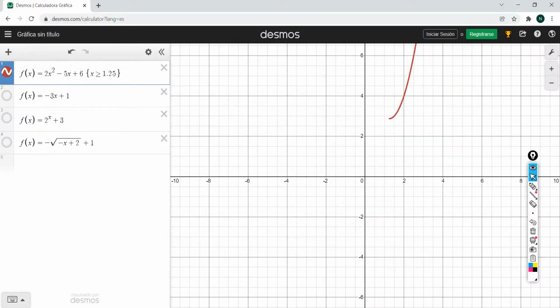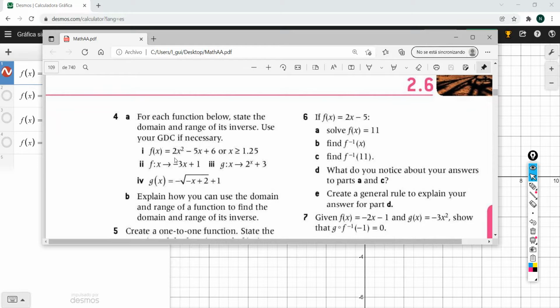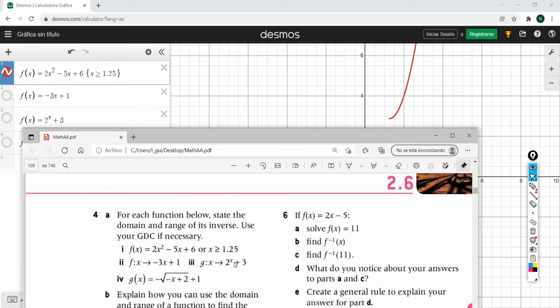Okay, so the first thing in here is, remember, guys, this function is telling you that it only works for x greater or equal than 1.25. You should only consider values of x greater or equal than 1.25. And how do you do that in Desmos? You put braces, and you write that statement: x should be greater or equal than 1.25.